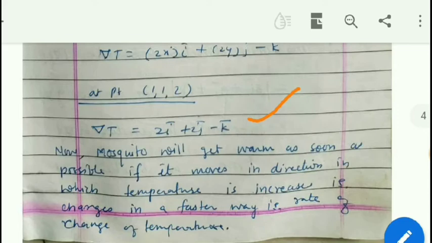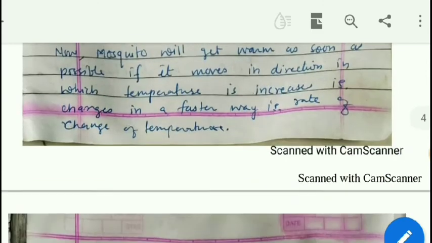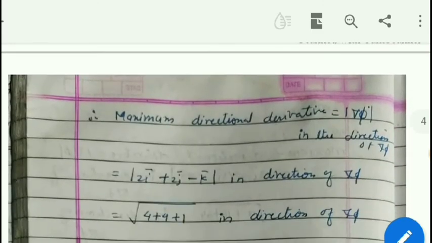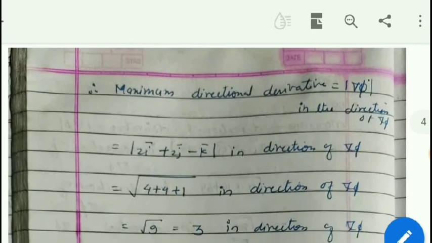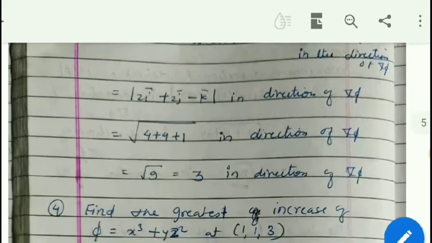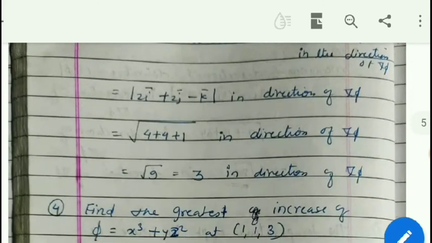Now the mosquito will get warm as soon as possible if it moves in the direction in which temperature increases faster, that means the maximum rate of change of temperature. So the maximum directional derivative equals mod del phi in the direction of del phi itself. The value of del phi is 2i plus 2j minus k.